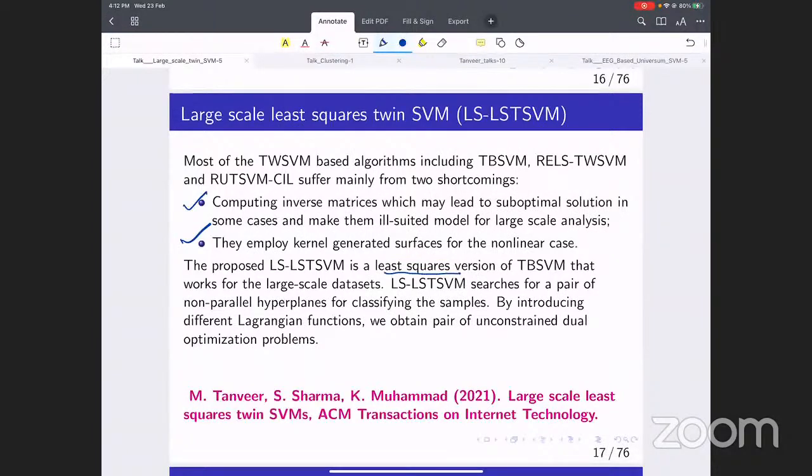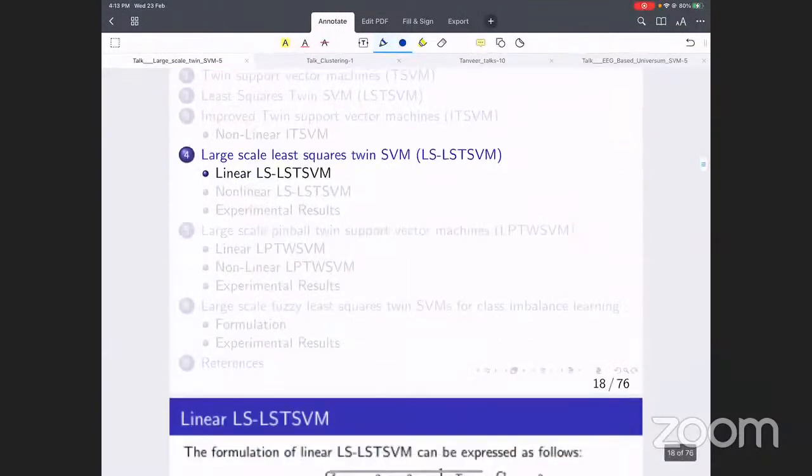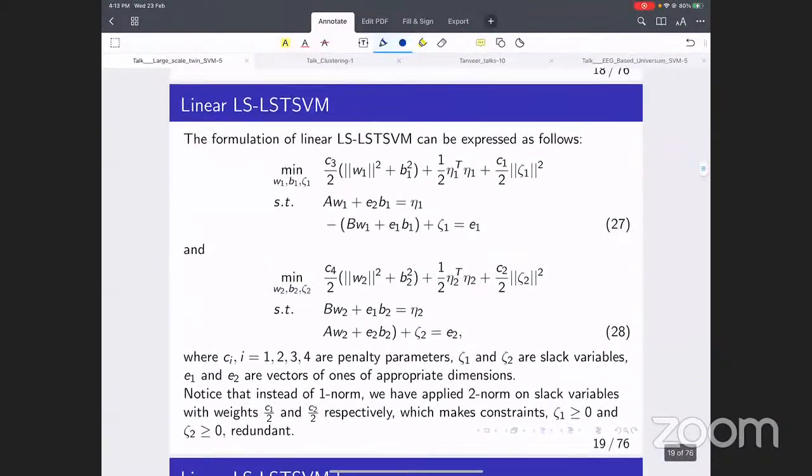It means that when we look for the non-parallel hyperplanes for the samples, we use different Lagrangian functions, so we can obtain a pair of unconstrained optimization problems. You can see the formulation here. It's a least square version, and equality constraints are there.